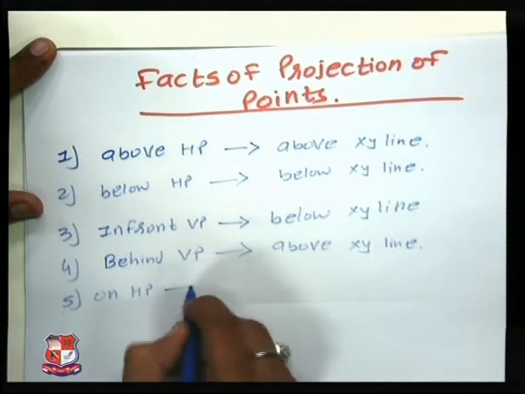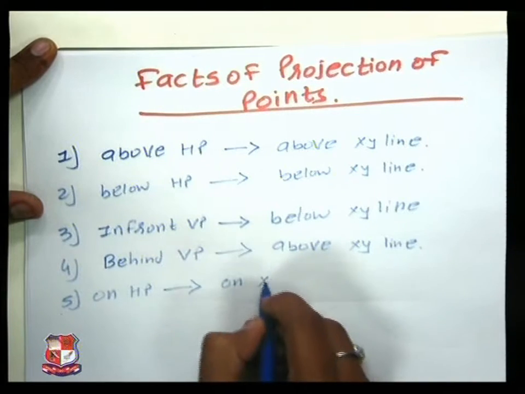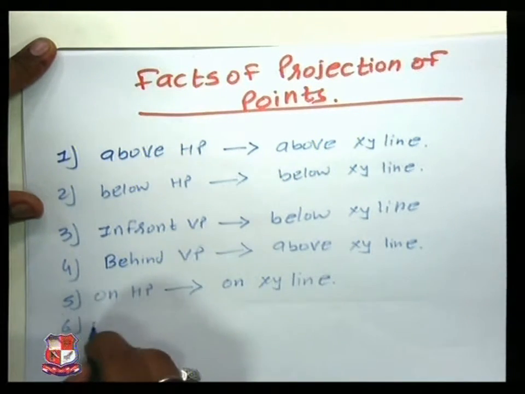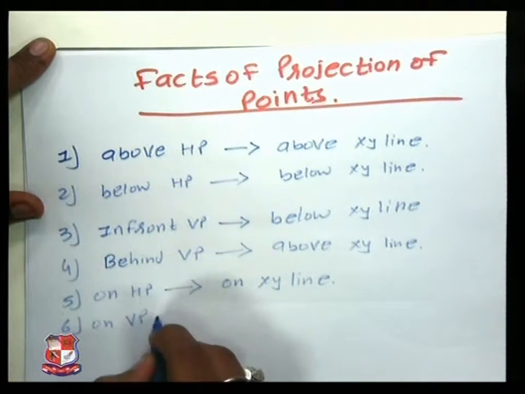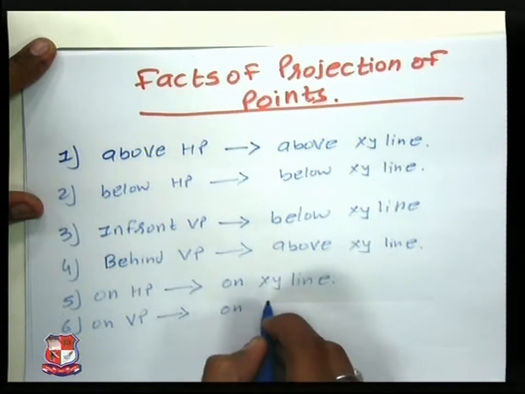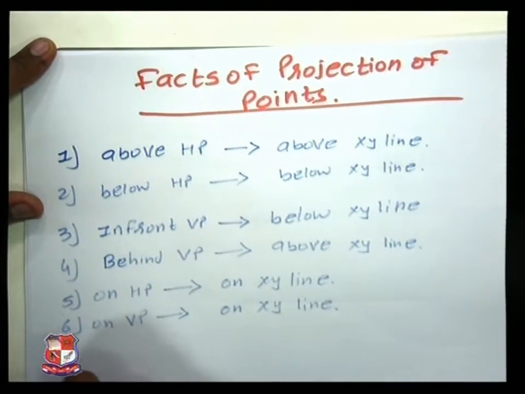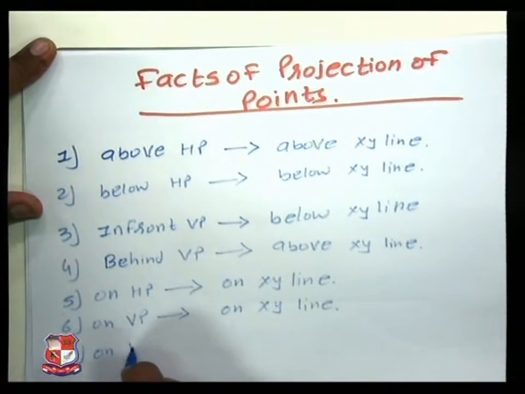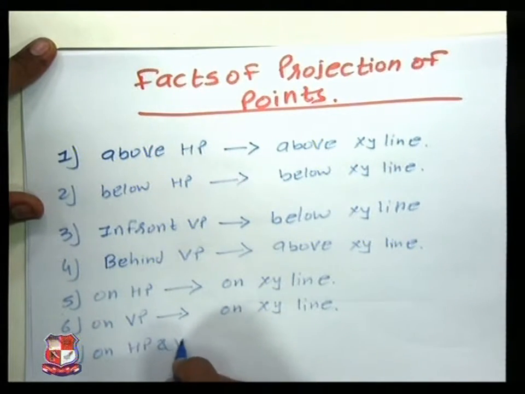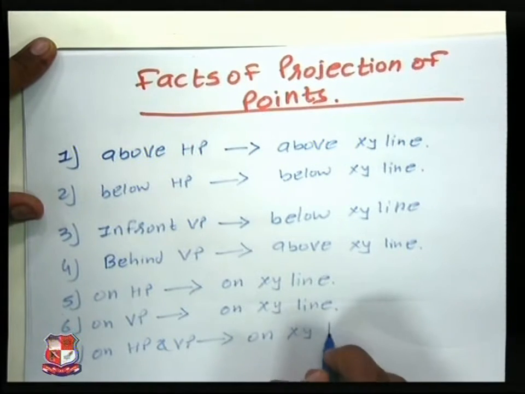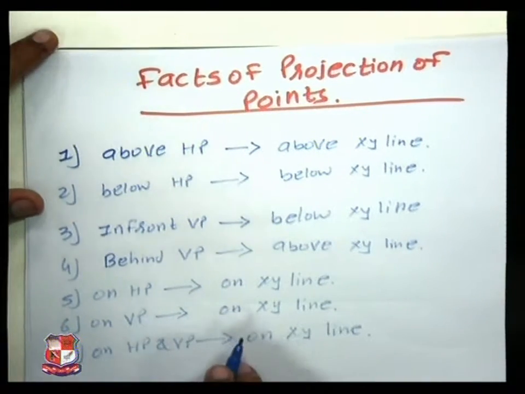On HP means on the XY line. On VP means on the XY line. Seventh, on HP and on VP, which also means on the XY line.